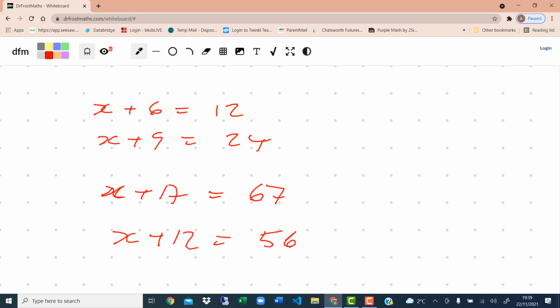So you give them a quick try. You can pause it now and do that. I'll do the answers anyway. Right, so the answers were x equals 6, x equals 15, x equals 50, and x equals 44. Simple as that.